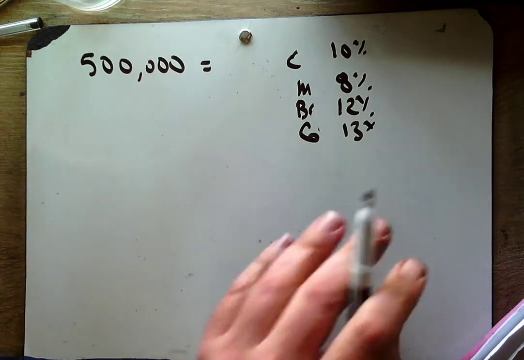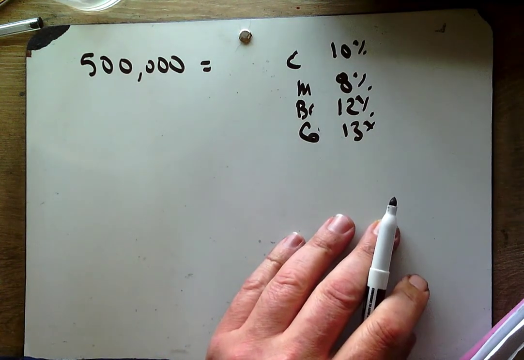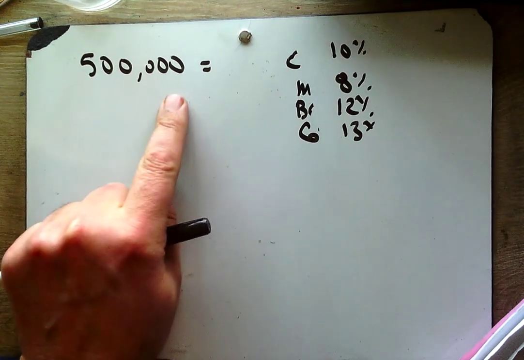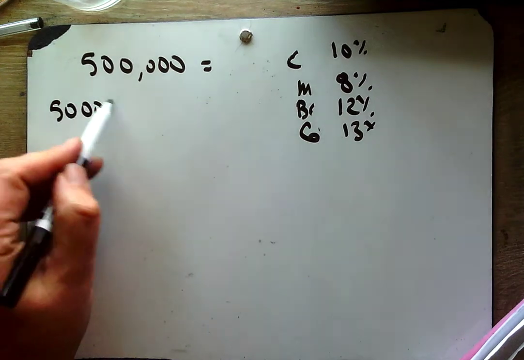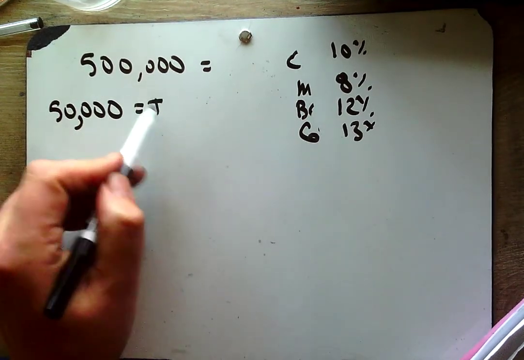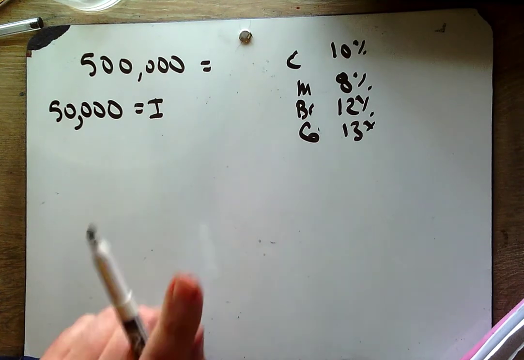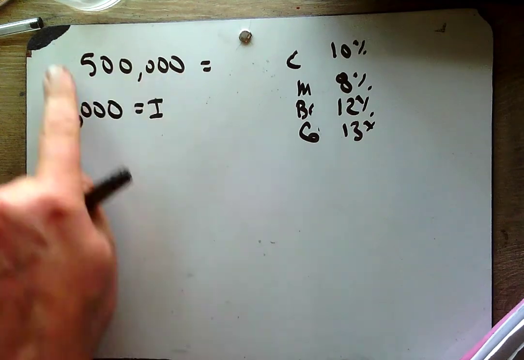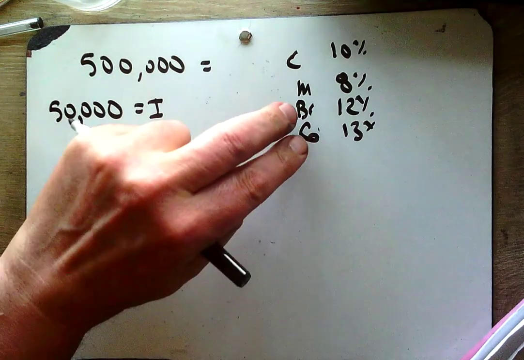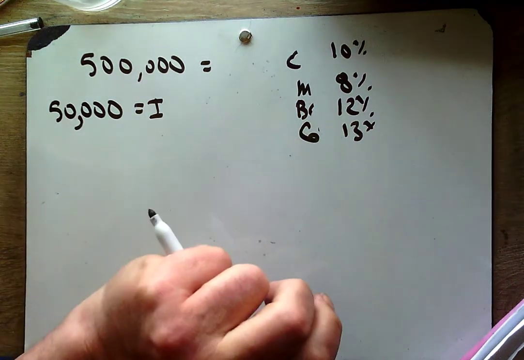Finally, it says the investor wants a combined annual return of 10%, which means they want to be making 10% of this number, or $50,000 in interest every year. We're also told that they want to have only 1/4 of this total portfolio in stocks, blue chip stocks or growth stocks.